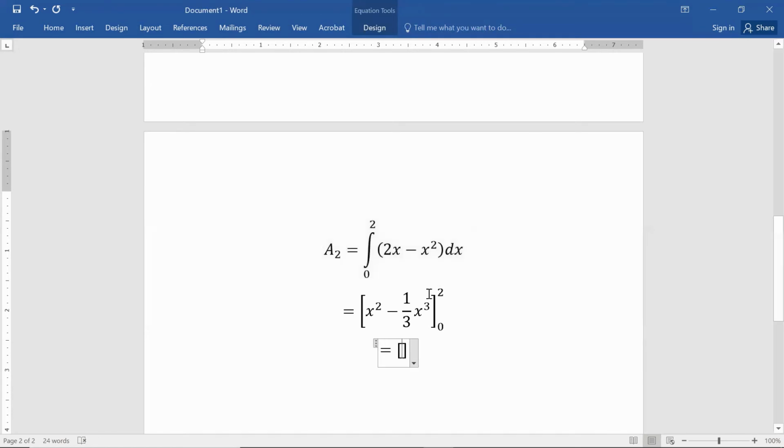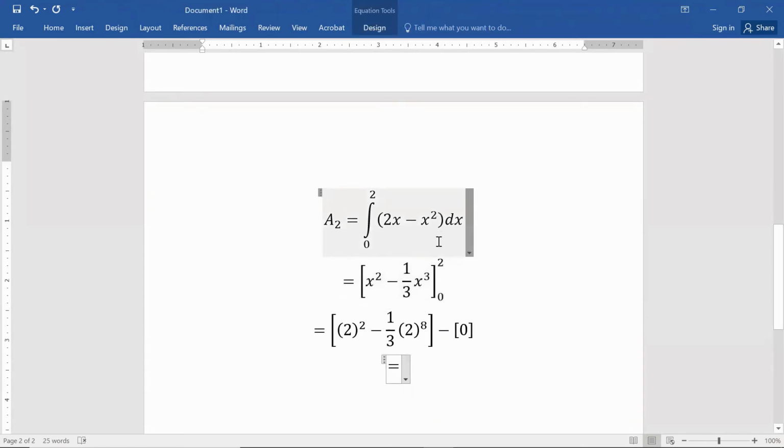When you plug in 2, I end up with 2 squared minus 1/3 times 2 to the third.